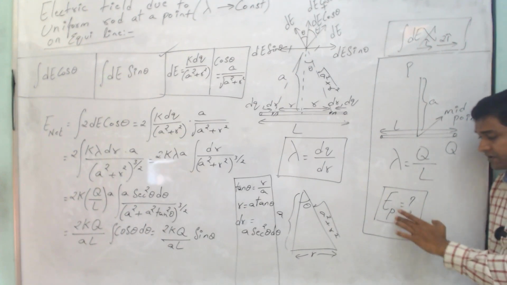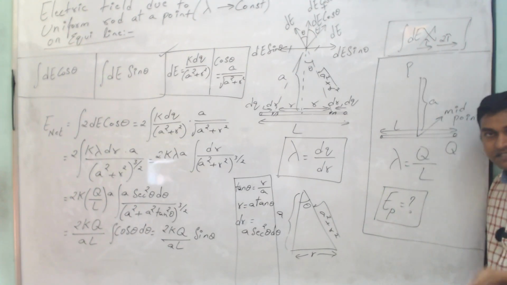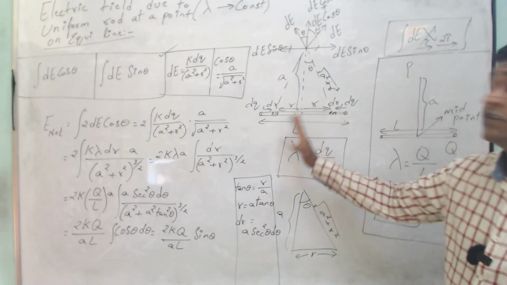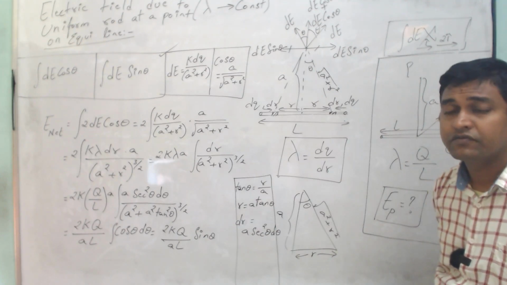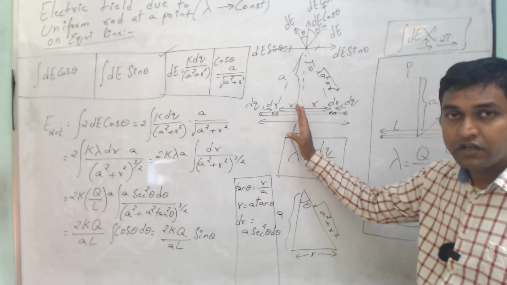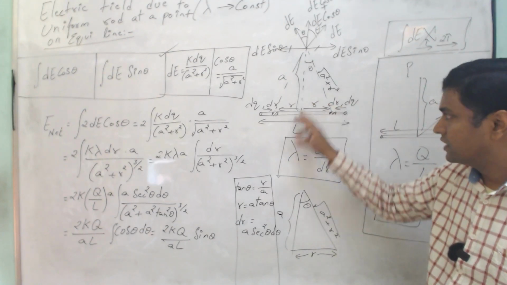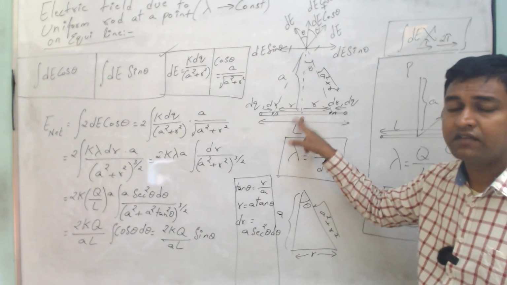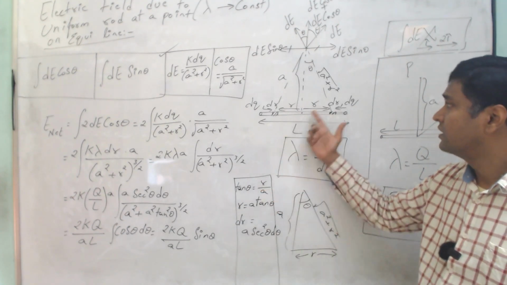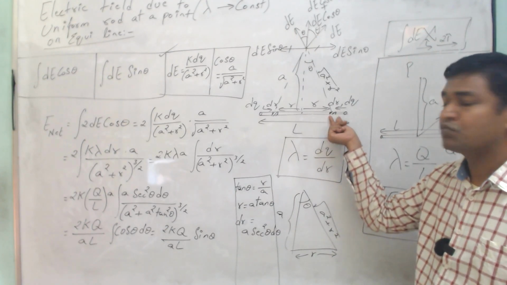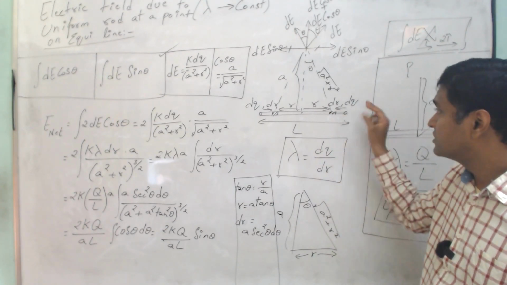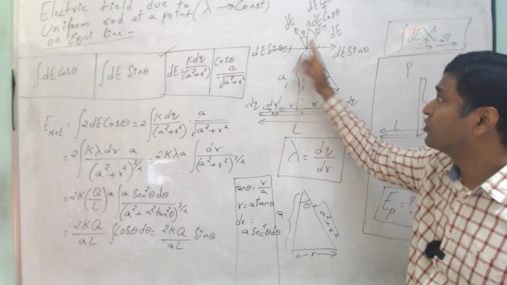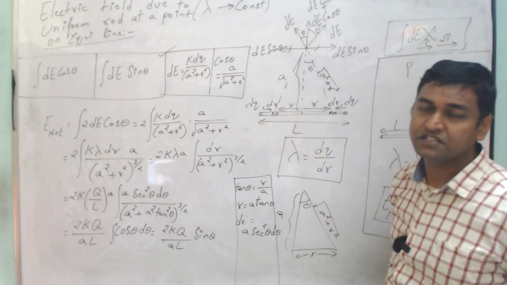Obviously, because there is charge distribution, we will take a small element. Taking the midpoint as the reference, I will start by saying, at a distance of r, I will take a small element dr having a charge dq, and the electric field due to this dq charge at the point P will be in that direction.